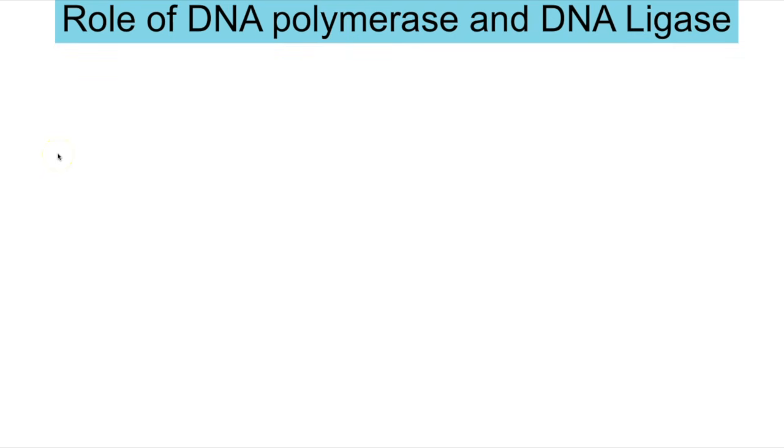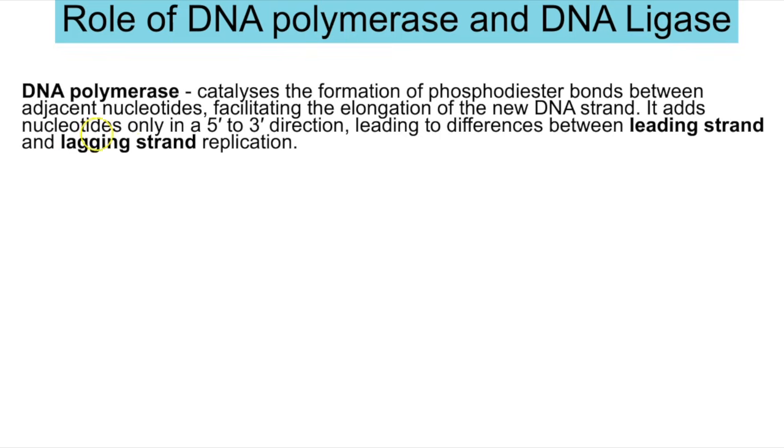So one key focus is knowing the process of DNA replication, but you also need to know the roles of different enzymes involved. And we've talked about DNA polymerase. We said that DNA polymerase catalyzes the formation of the phosphodiester bond between those adjacent nucleotides on the newly synthesized chain. And this is the enzyme where I was saying it is complementary in shape to the 3' end. So DNA polymerase will always bind to the original template strand at the 3' end.